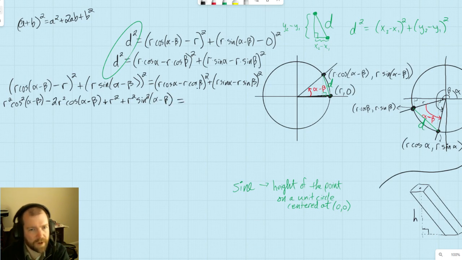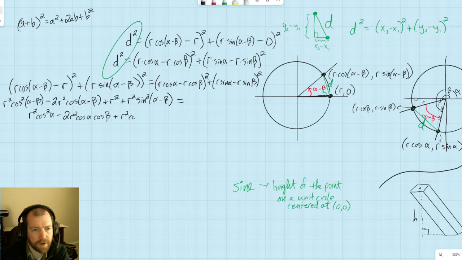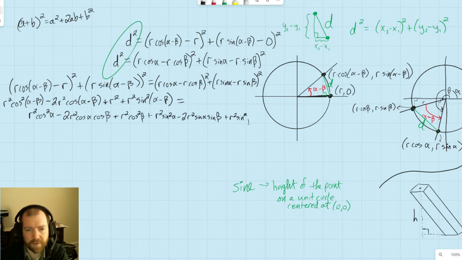And that's equal to. Now we're just going to bump onto the next line because, quite frankly, I don't have the room for this. This is going to be r squared cosine squared alpha minus 2r squared cosine alpha cosine beta plus r squared cosine squared beta plus r squared sine squared alpha minus 2r squared sine alpha sine beta plus r squared sine squared beta.